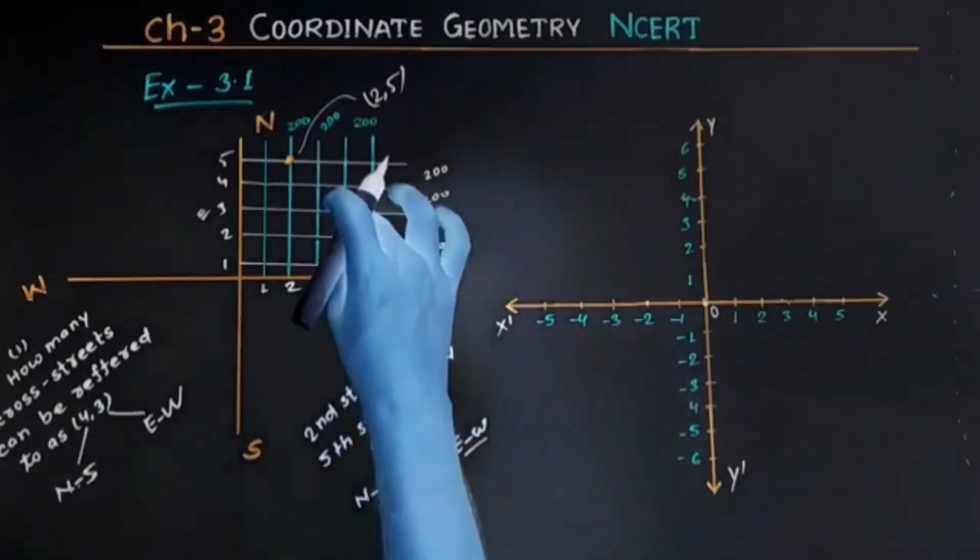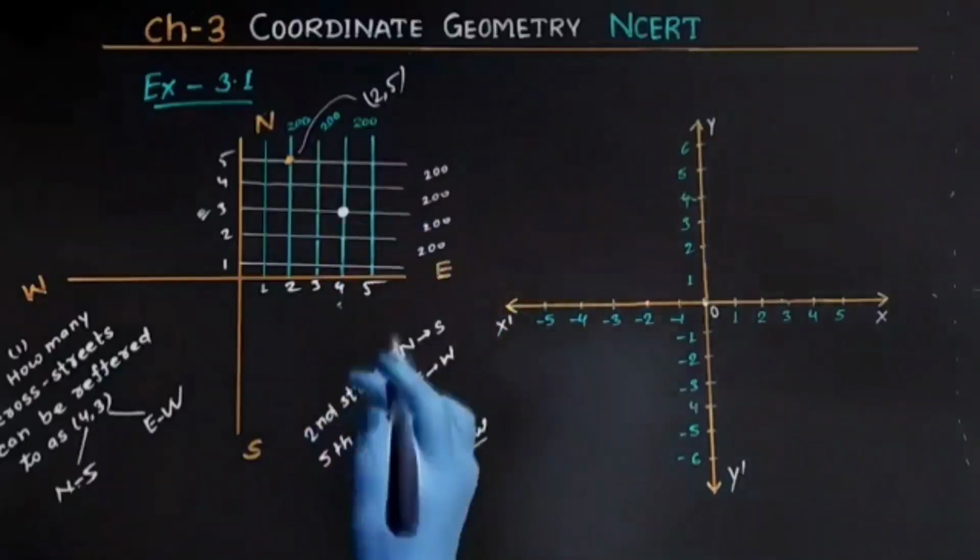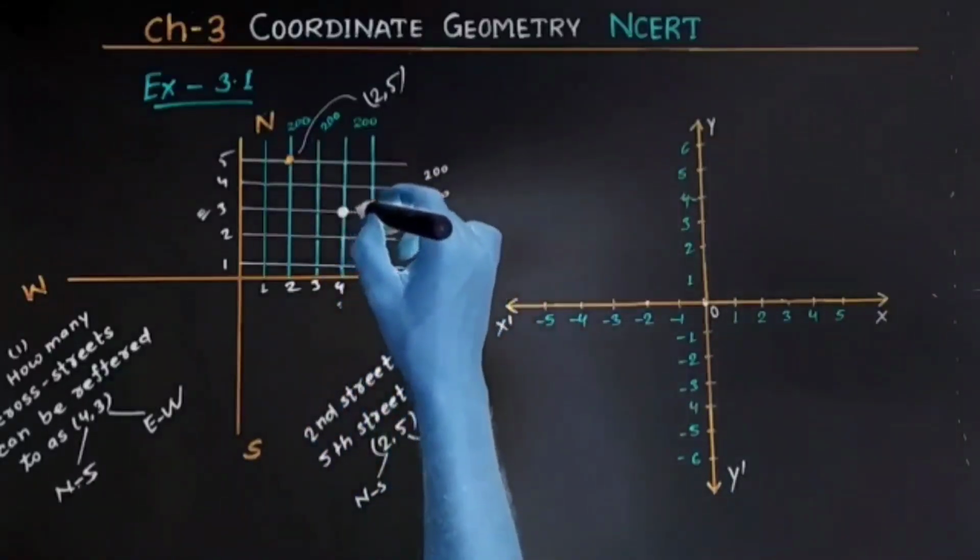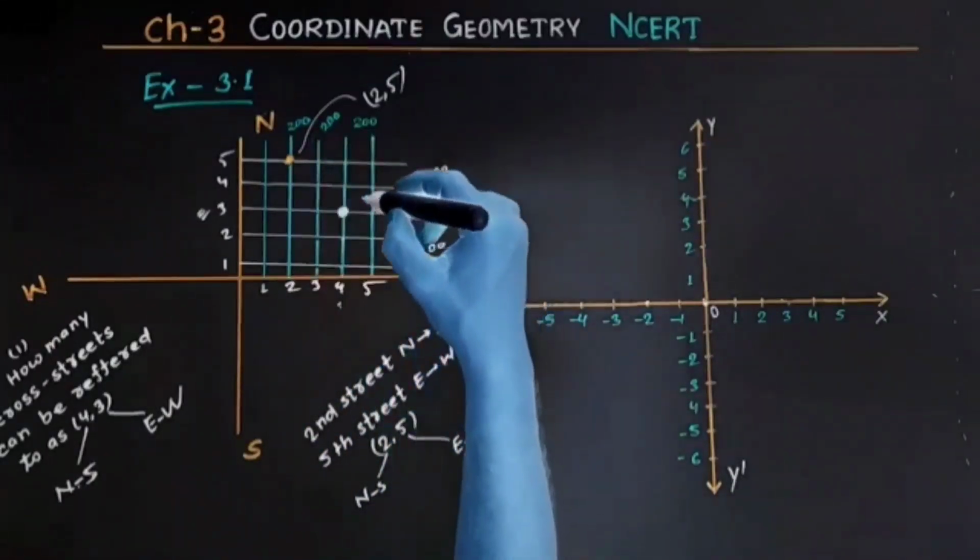So when you move from east to west, at this point you get 4, so y coordinate is 4.